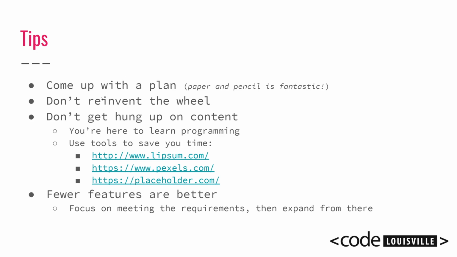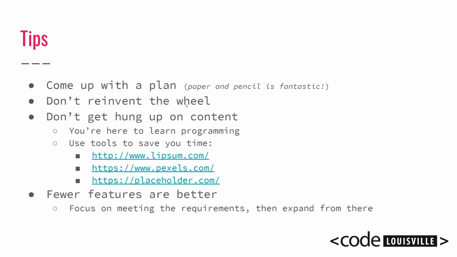And you can review that plan with your mentor. They can help you decide if it's too big of a project for this class, or maybe too small, or maybe there's a better way to tackle something.